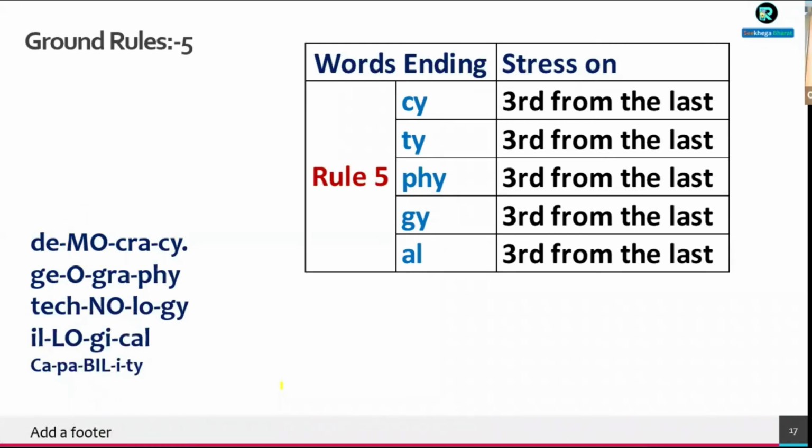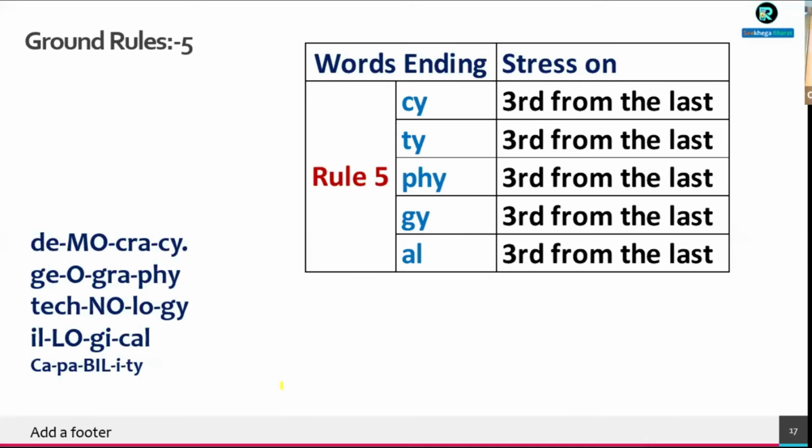Democracy. Very good. Geography. You don't have to be that fast. Geography, democracy, technology, logical.